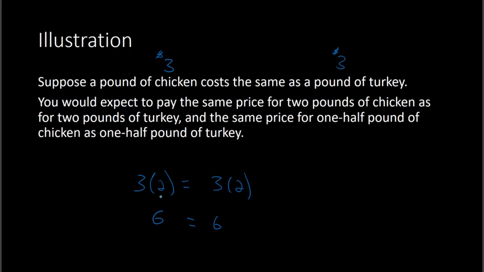So that idea where I can multiply both sides by the same number is called the multiplication property of equality. And we need to use this to solve different equations involving multiplication and/or division.